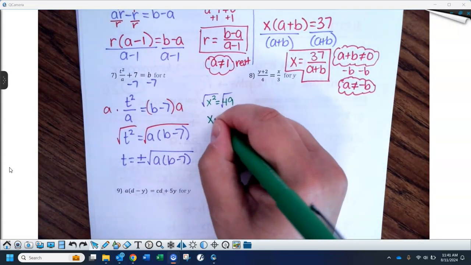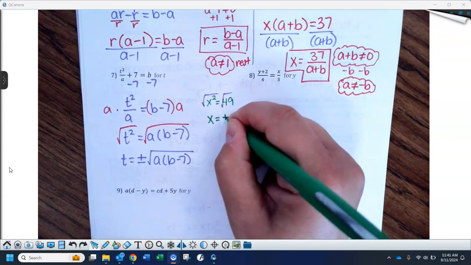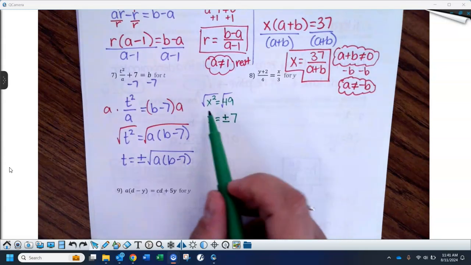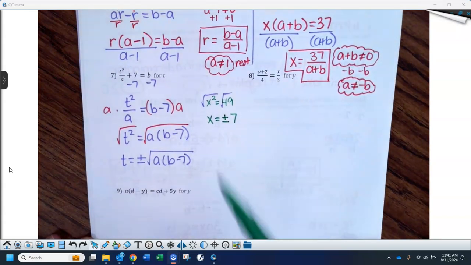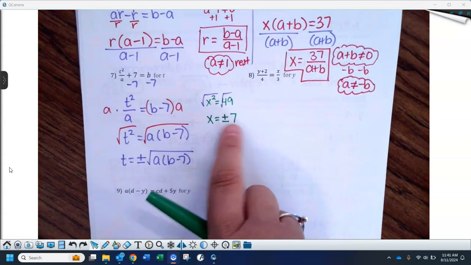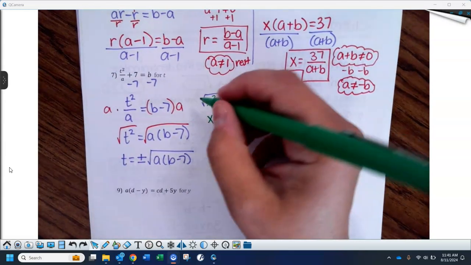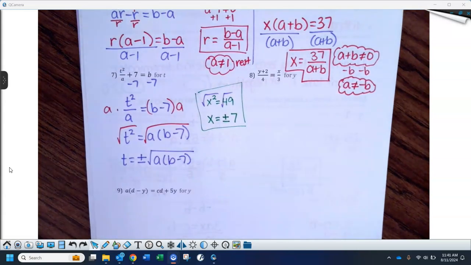And anytime you introduce a square root, if it's not already there, you have to have a plus or minus symbol because there's actually 2 answers to that equation. 7 times 7 is 49, that would make that true. However, if I plug in -7 times -7, that is also positive 49. So this actually has 2 answers, and that plus minus symbol is just a little shorthand way to write it. So just a little tiny example to the side here.